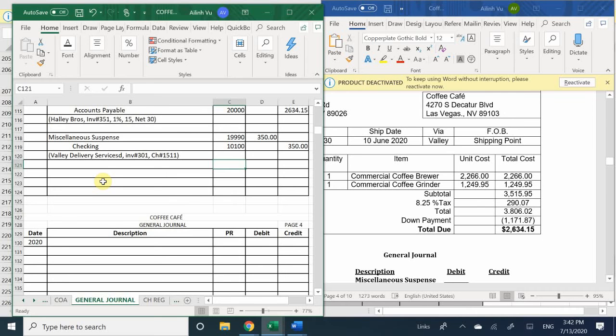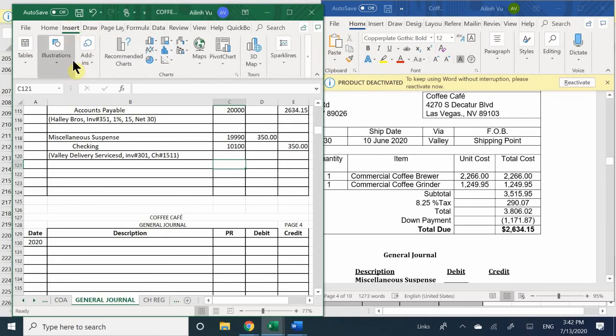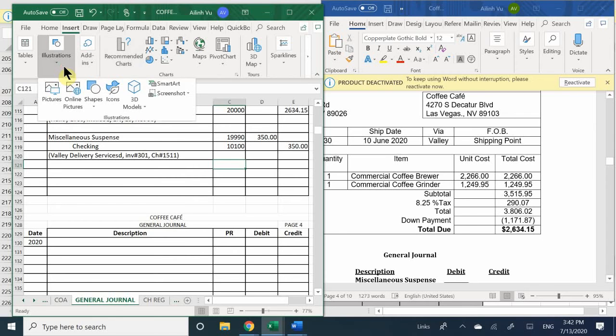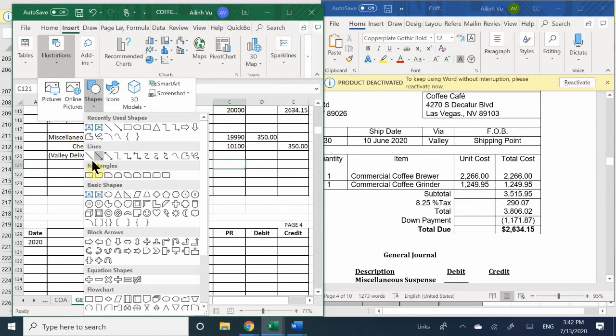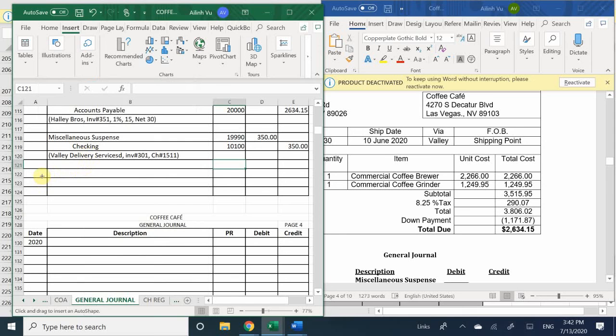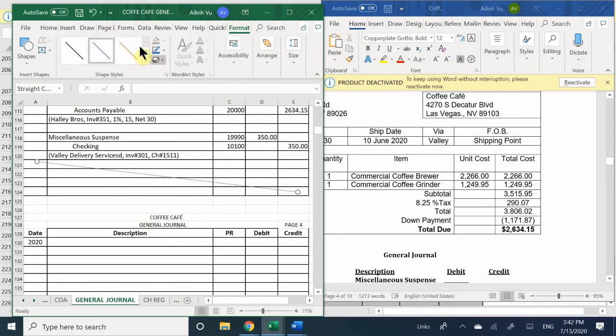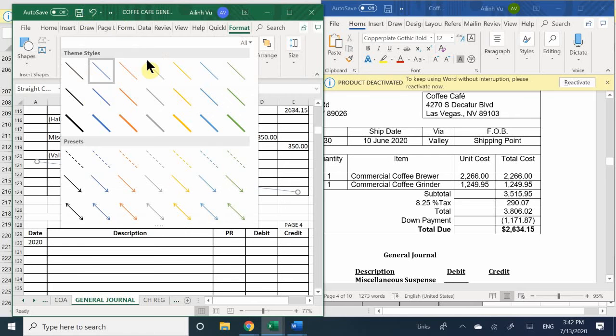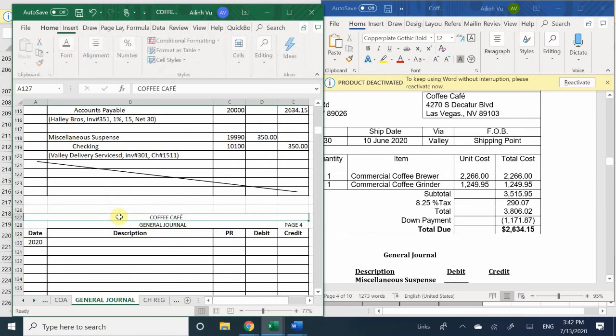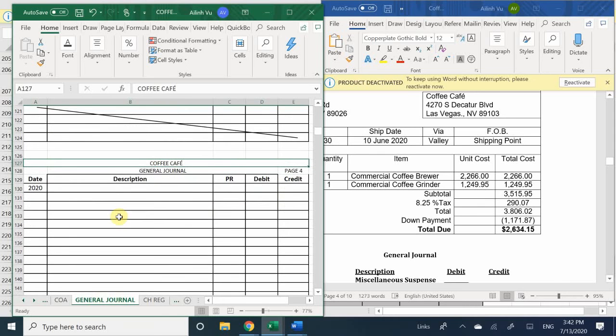So, first thing before I do that, I'm going to go ahead and draw my line just so that I don't have someone put something in there just in case. So I'm going to draw a line from here all the way to this credit and make sure it is thick enough. Okay. So now I'm actually going to start on general journal number 4.